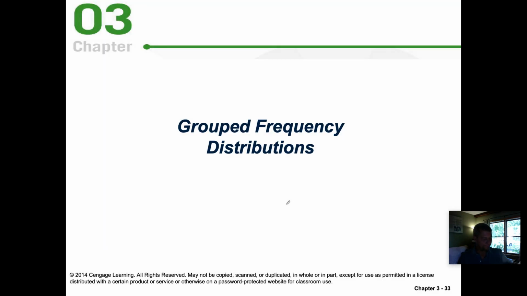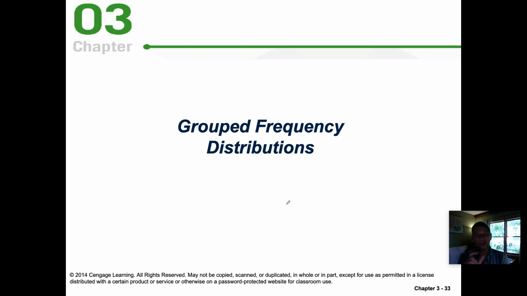Okay, now one more thing before we do some practice examples here. This is what we call a grouped frequency distribution. Grouped frequency distributions are for when you have a huge amount of data, and rather than calculating the frequency of every single individual score, you pick a small range. So if you're doing test scores, you might choose group 1 to be 0 to 5, and then 6 to 10, and 11 to 15, all the way up to 96 to 100.